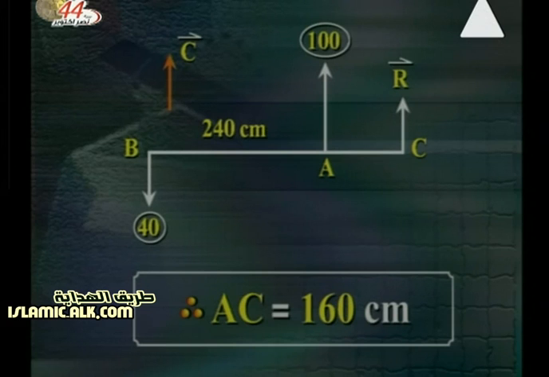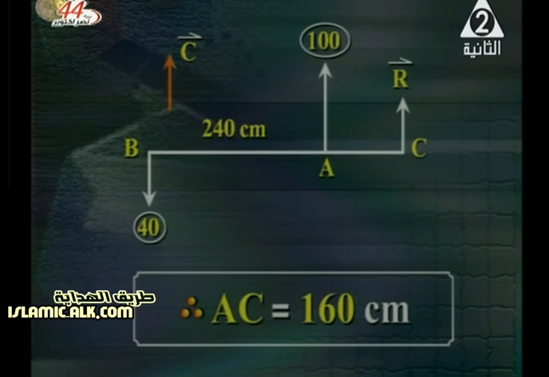AC is 160 centimeters. R, the resultant of the two forces, acts at 160 centimeters from A, or 400 centimeters from point B. Dear student, we have the magnitude of R: the resultant of the two forces equals 60 Newton.